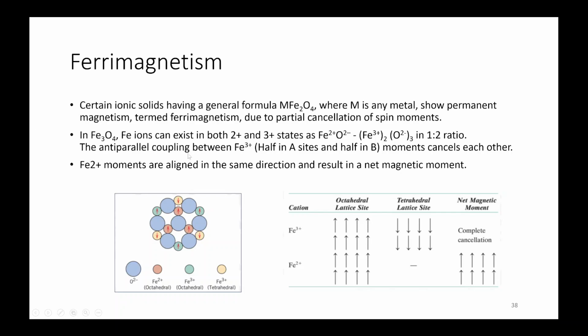The anti-parallel coupling between Fe3 plus moments cancel each other, and Fe2 plus moments are aligned in the same direction and result in a net magnetic moment. Now in case of Fe3 plus cation, complete cancellation will be there. In Fe2 plus there will be some magnetic moments.